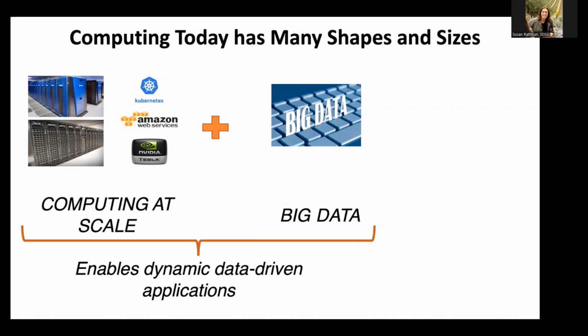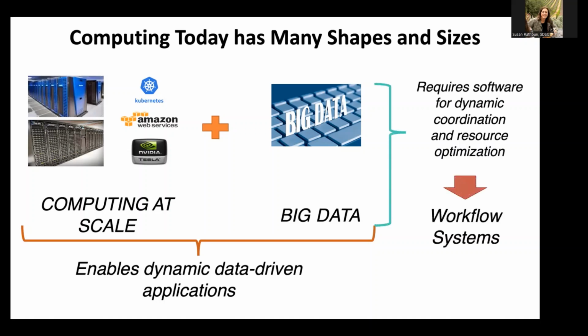And then we run our models on different computing platforms and at scale, and that enables the data-driven applications. This requires and helps to have software that can do dynamic coordination and resource optimization, which is workflow systems.